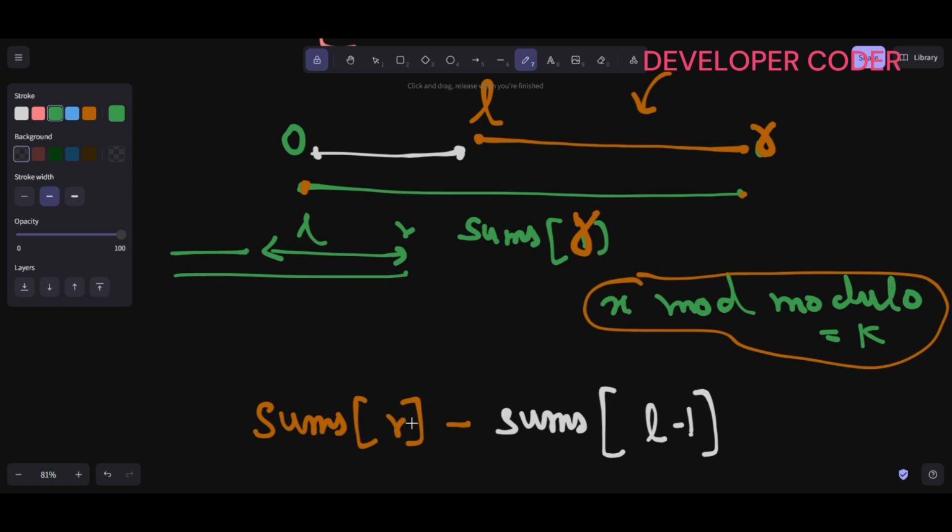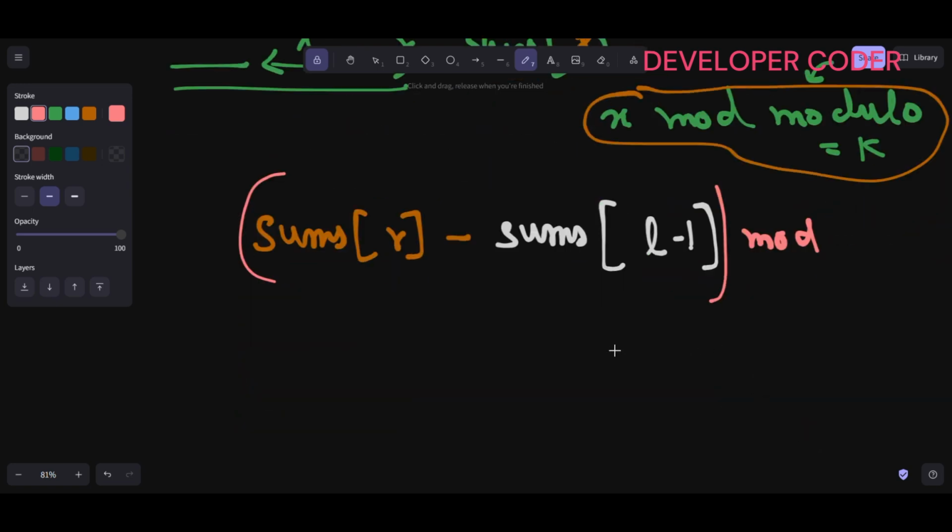So sums of R is nothing but the special numbers which satisfy this condition. Now sums of R minus sums of L minus 1 is nothing but the special numbers which satisfy this condition, mod modulo equal to k.